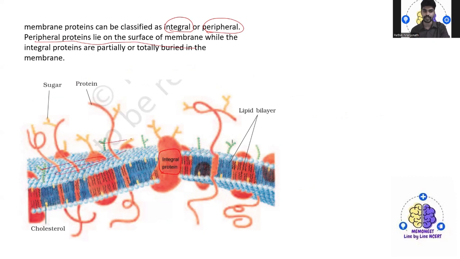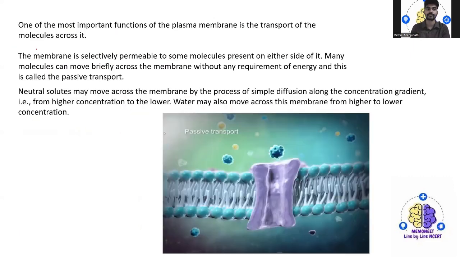Whatever proteins you are seeing here, these are peripheral proteins. They normally lie on the surface of the membrane, while integral proteins are partially or totally buried in the membrane. So these integral proteins will be partially or completely buried inside the membrane.